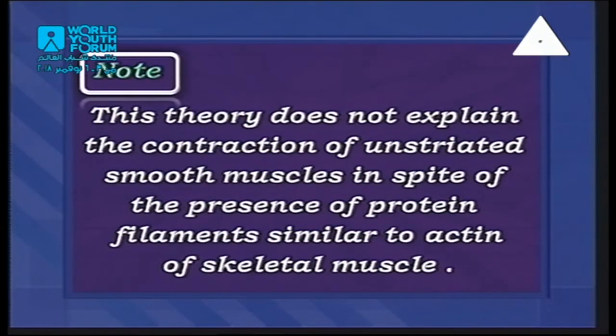They move out of your will, like the muscles inside your small and large intestine, most of the alimentary canal. They contain protein filaments similar to actin of skeletal muscles. There is no striation in the smooth muscles.